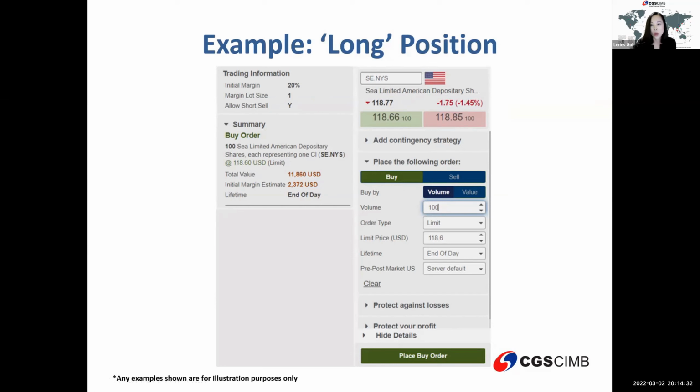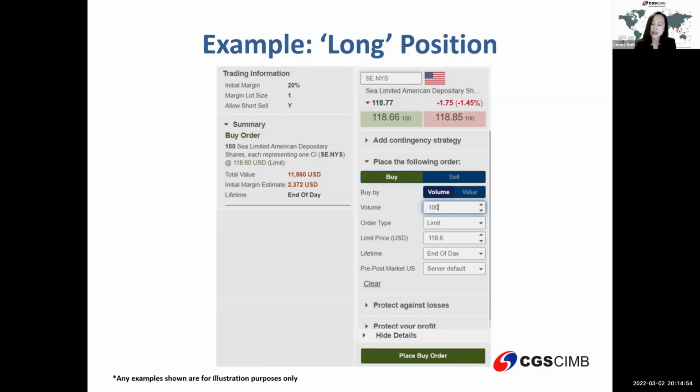So as long as the price of C Limited goes up, and then when I close the position, that is the profit that I make from the position itself. But of course, if the market continues to tumble down and the price goes down, then I will have a loss on this position.